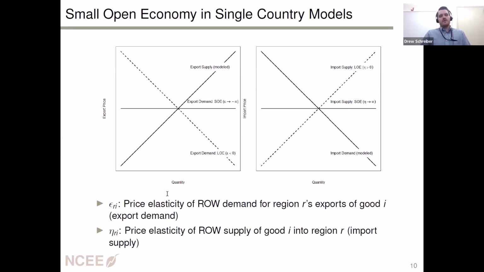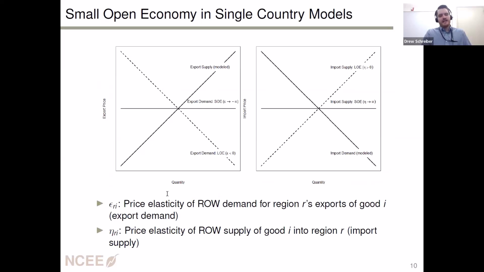So just to set the stage with numerical evidence, what do we mean exactly by the small open economy assumption in single country models? Here are two plots with very simplified linear supply and demand curves for imports and exports. On the left side is the export market.